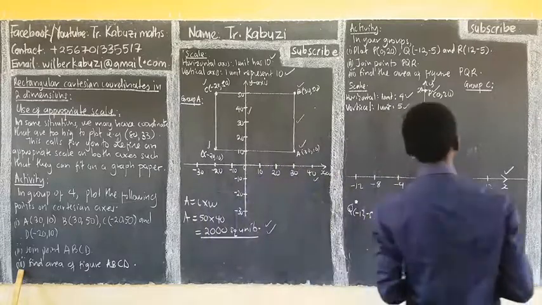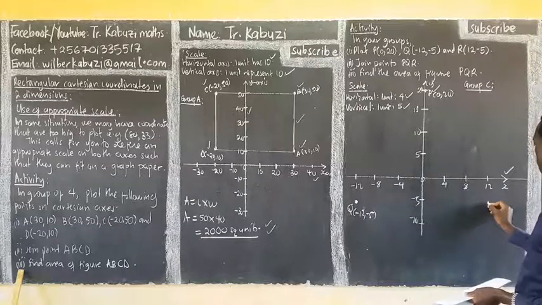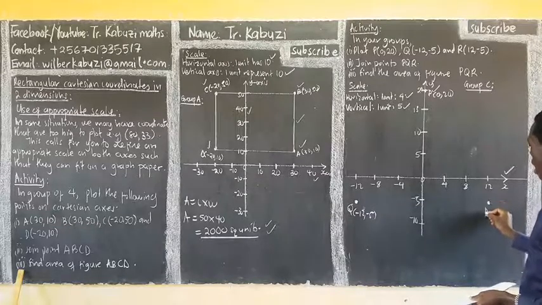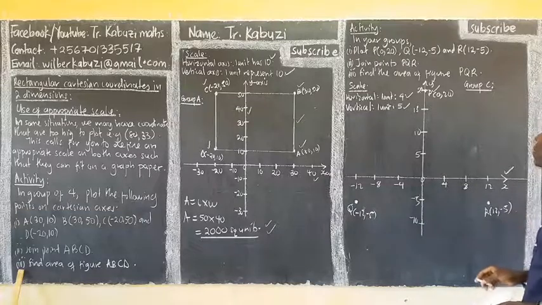Then their R is here, at 12, -5. I think we are able to plot them.